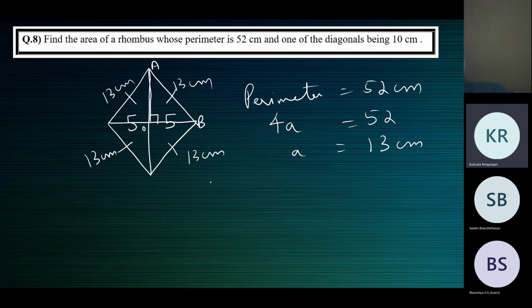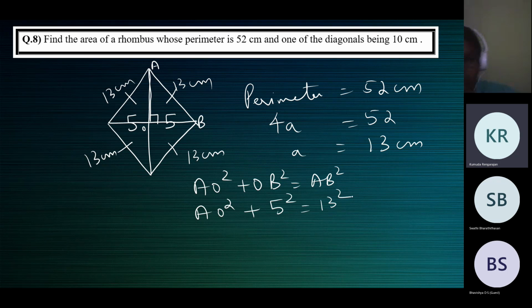In right triangle AOB, by using Pythagoras theorem, AO square plus OB square is equal to AB square. AO square we have to find, plus OB square, 5 square, is equal to AB square, 13 square.